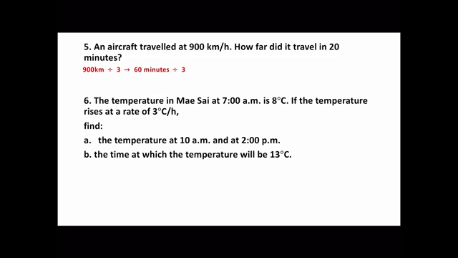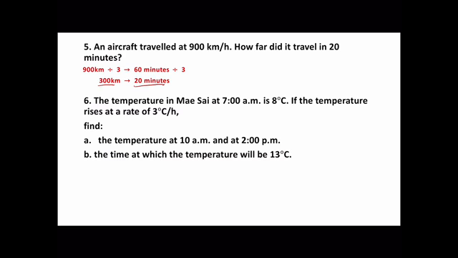And if you divide that by 3, you have to divide the other one by 3 as well. So 900 divided by 3 is 300 kilometres, 60 minutes divided by 3 is 20 minutes. So it will go 300 kilometres in 20 minutes. We'll do a lot more work on speed later because that's probably the most common way of using rates.